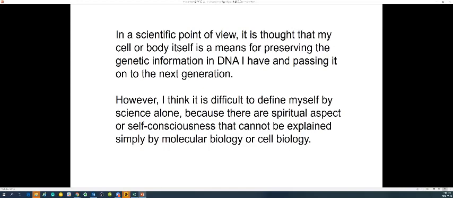Okay, good definition for the first part, at least the describing. Yes, we do have some spiritual aspect. Self-consciousness cannot be explained simply by molecular biology or cell biology. When I asked you scientifically, it does not need to be necessarily biological or chemical.